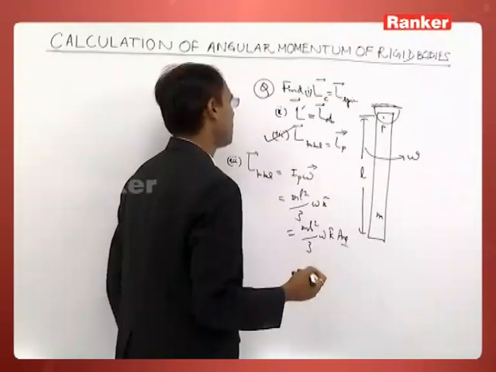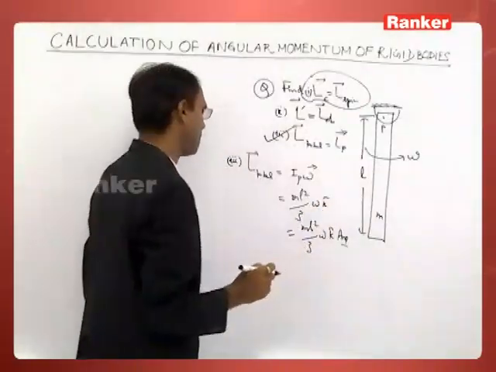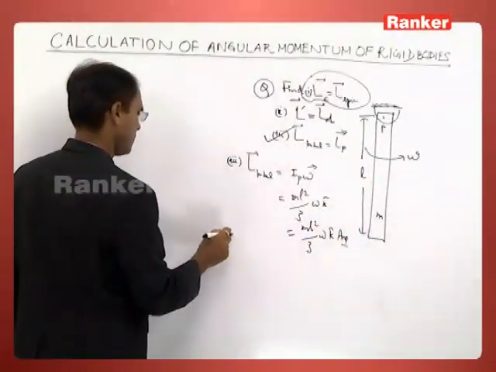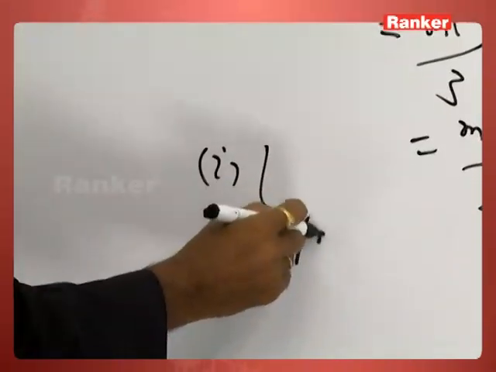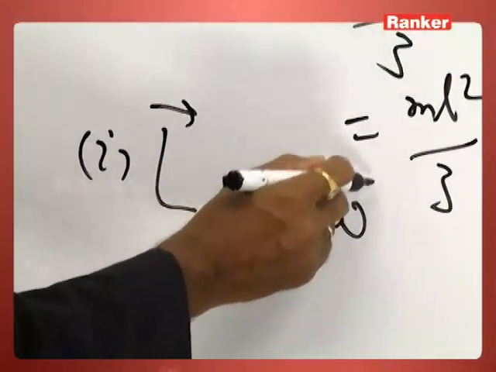Answer. Now come to spin angular momentum, whose formula can be given as IC into omega.